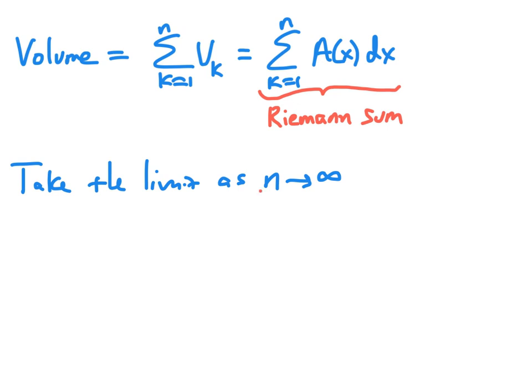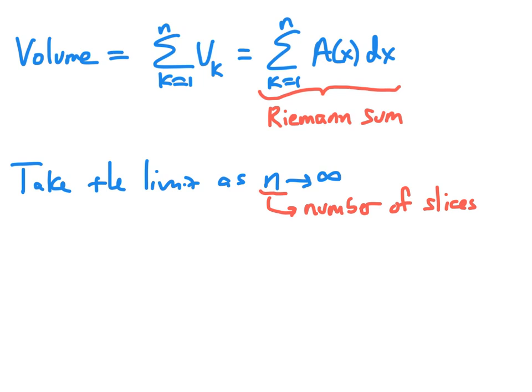here we need to remember what n is representing in terms of our solid. N is just the number of slices. So if we think about our situation here, if we have our solid cut into slices and we cut it into more and more slices, those slices will get thinner and thinner. And therefore, they become even more cylindrical, and our approximation of finding their volumes as a cylinder becomes more and more accurate.